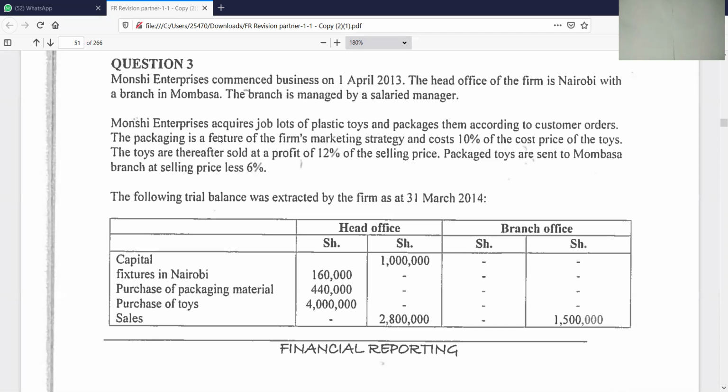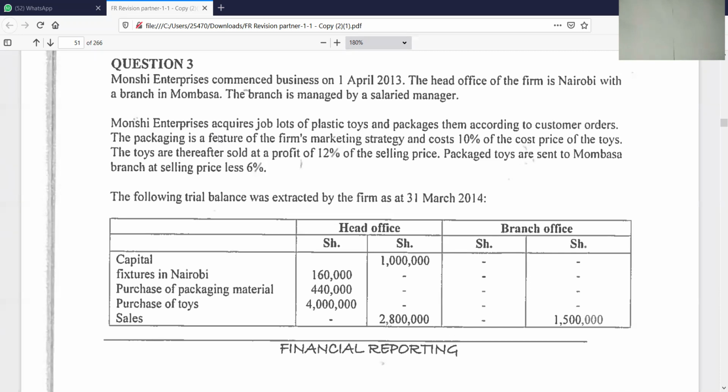Anyway, it was not even transferring, it was selling. Then at the same time, the percentage at which the branch and the head office were making sales, maybe to third parties, at what profit. So that is what we have to determine first.